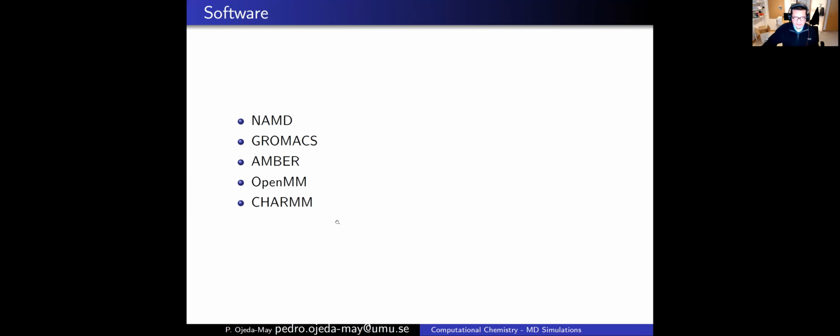For other systems like clays and other systems that are not from computational chemistry or computational biology, you can use different software that may be more suitable because it has other tools for dealing with those systems.